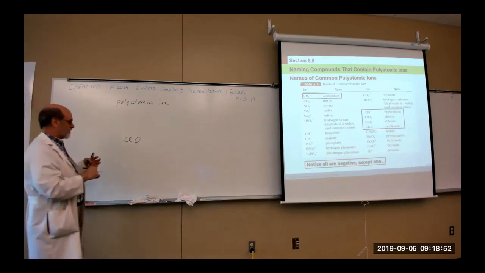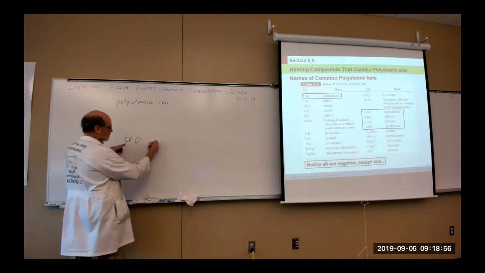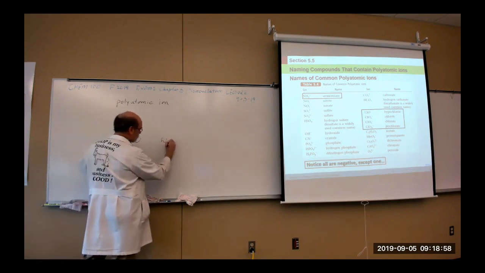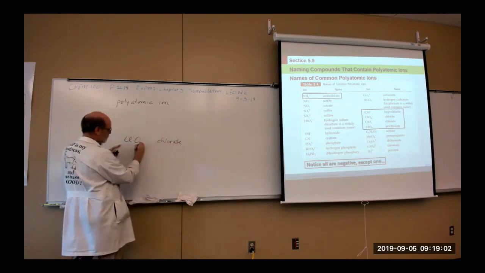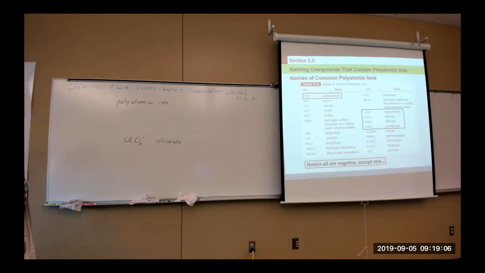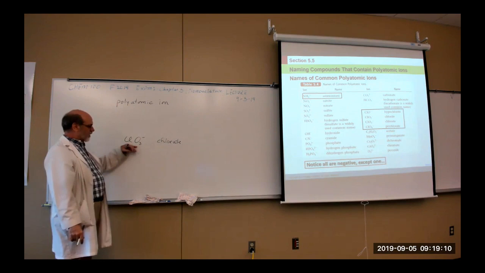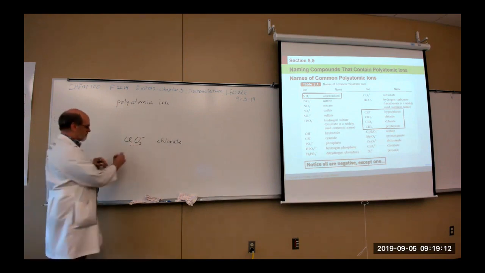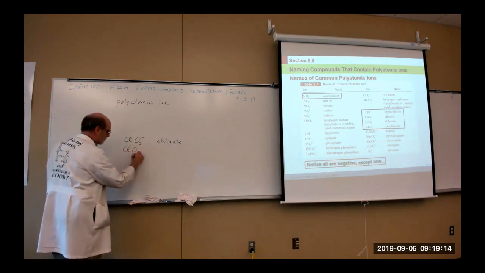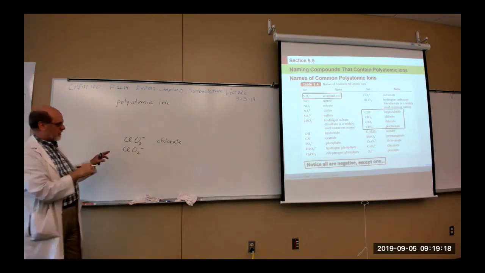Right? So let's simplify it. I start with the one, in this case, chlorate, right? So we have 3 of these with a -1 charge. Now, if I take away an oxygen, it's still got a -1 charge, right?